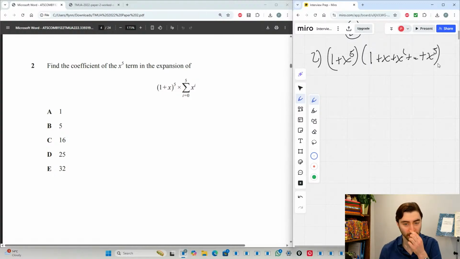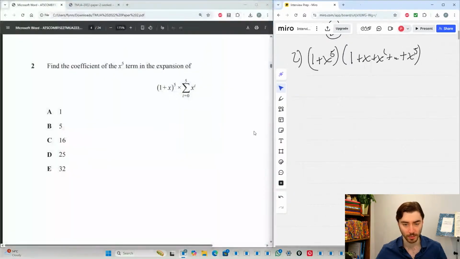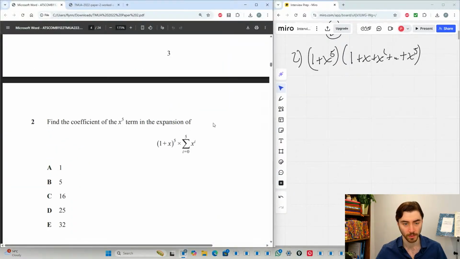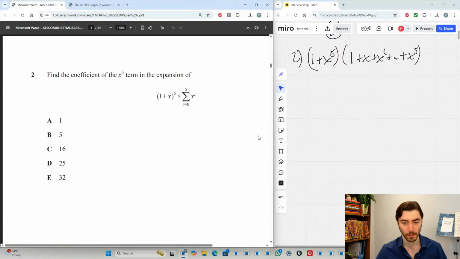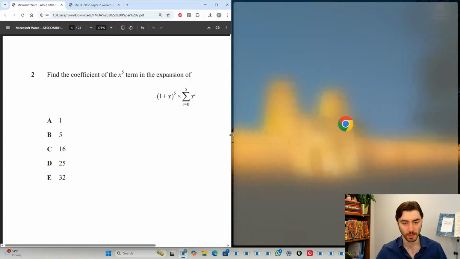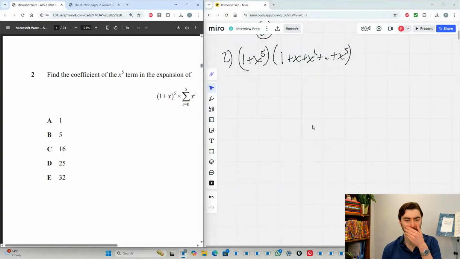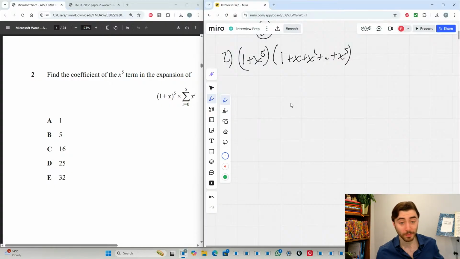So the coefficient of the x to the 5 term, I'm just going to need more space for this. Just going to give myself more space to work on. Excuse me. So what we're going to do here, we know the x to the 5.